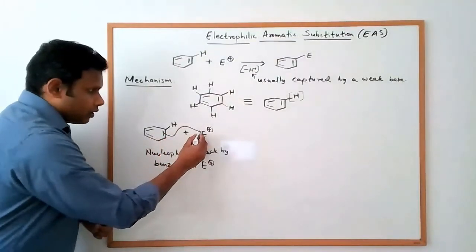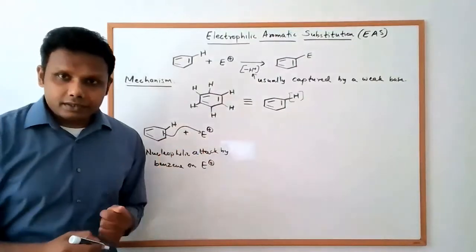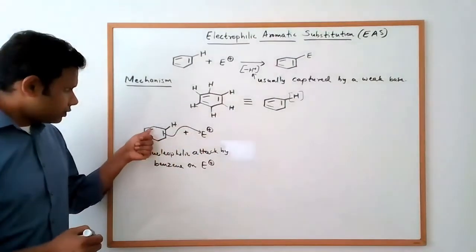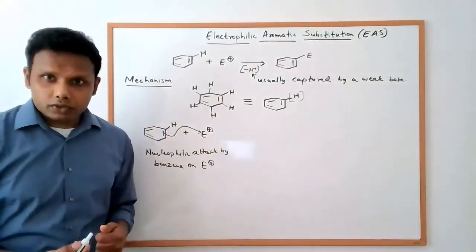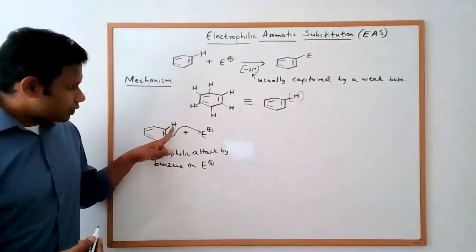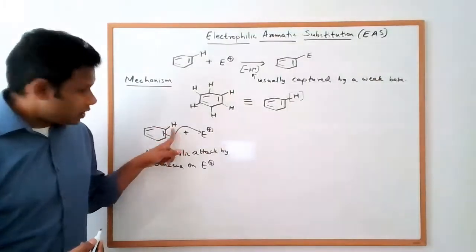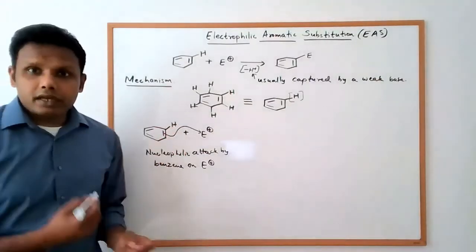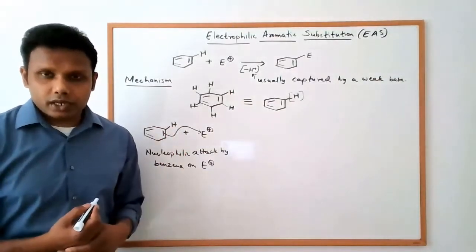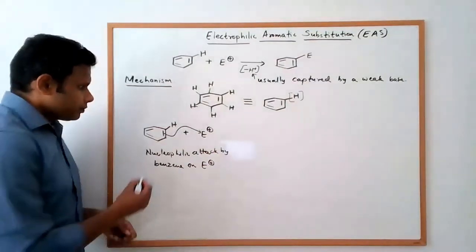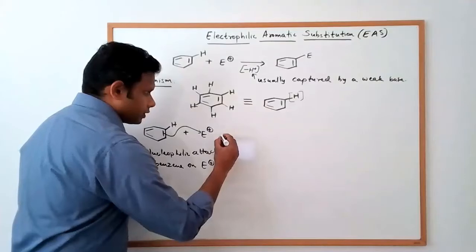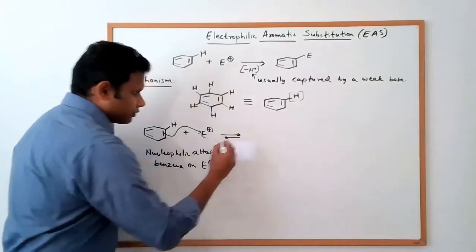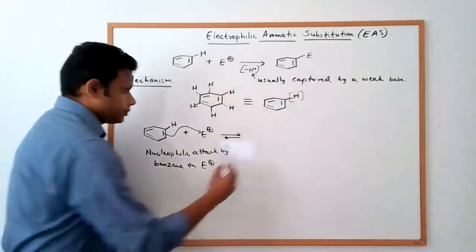Now again, for the purposes of this attack, in principle, you could use any one of these 3 pi bonds. But since we are focusing on this hydrogen, I'm using the pi bond that is adjacent to that hydrogen atom for doing the attack. So when this attack happens, this is going to give us an intermediate.